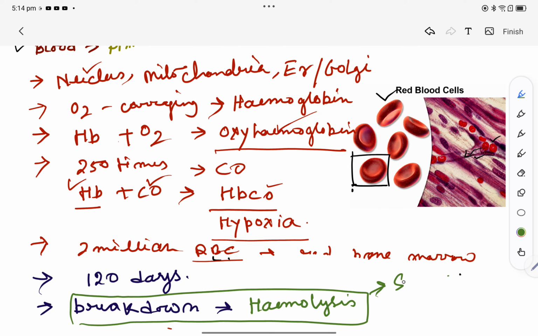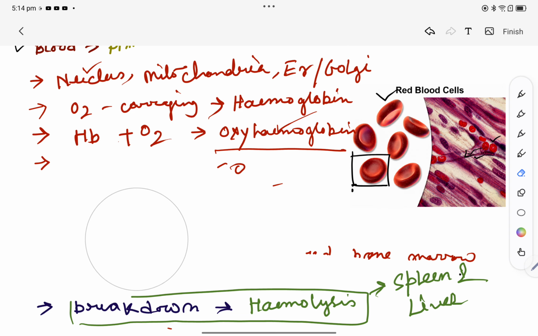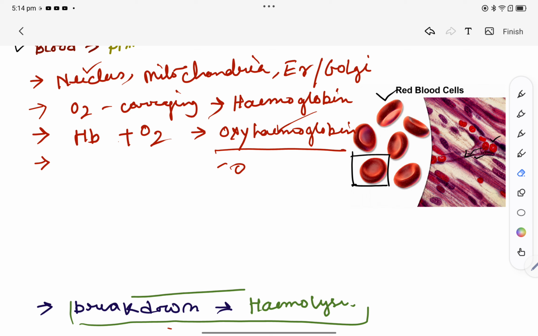It takes place in spleen and liver. That is why spleen is also called the graveyard of RBCs. This is a very important short question.